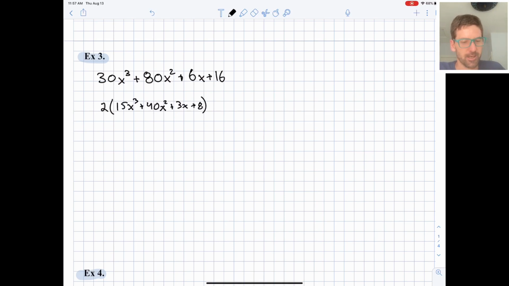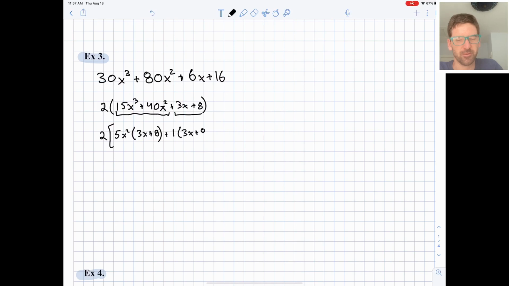Yep, that looks good. And now we're going to do some grouping. So I'm going to keep the 2 out front. The first half, 15x cubed plus 40x squared, we can pull out a 5x squared, and a 3x plus 8 stays behind. Now working with this second half, just pull out a 1 and a 3x plus 8 stays behind.